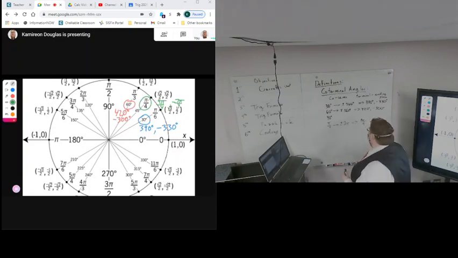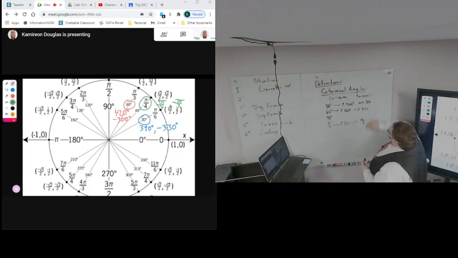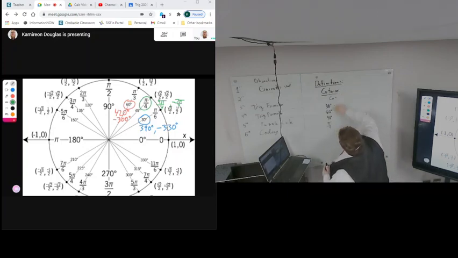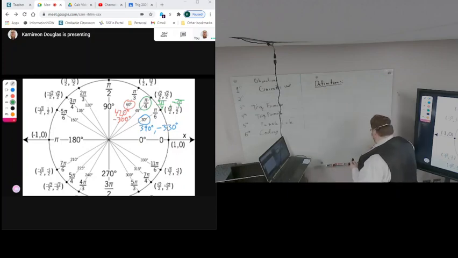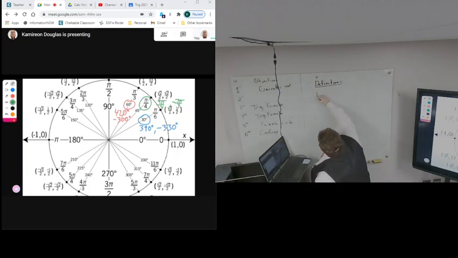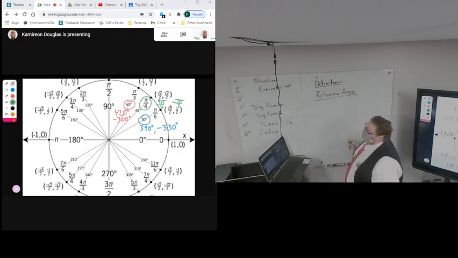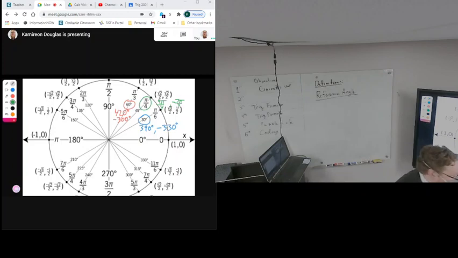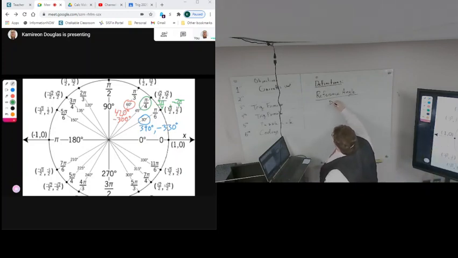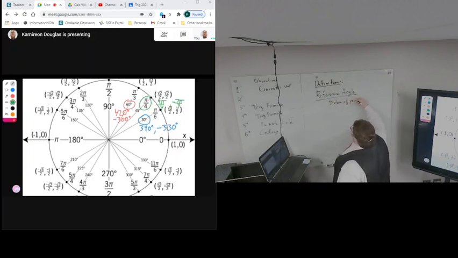Here we go. Second idea of the day. A reference angle. Now, the reference angle is defined as the distance of your angle to the x-axis.